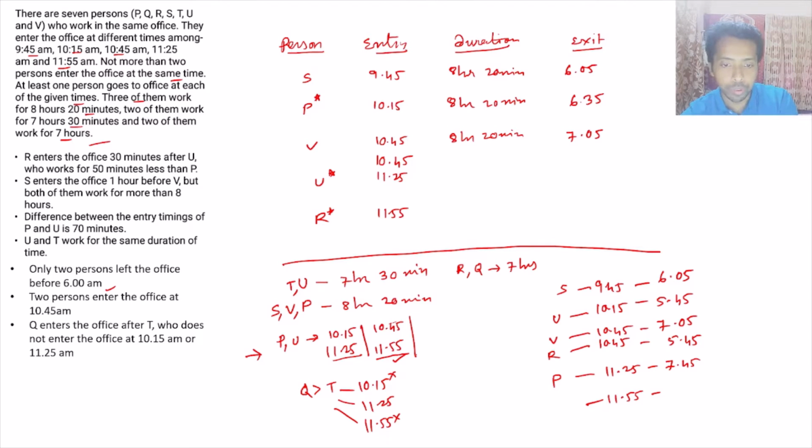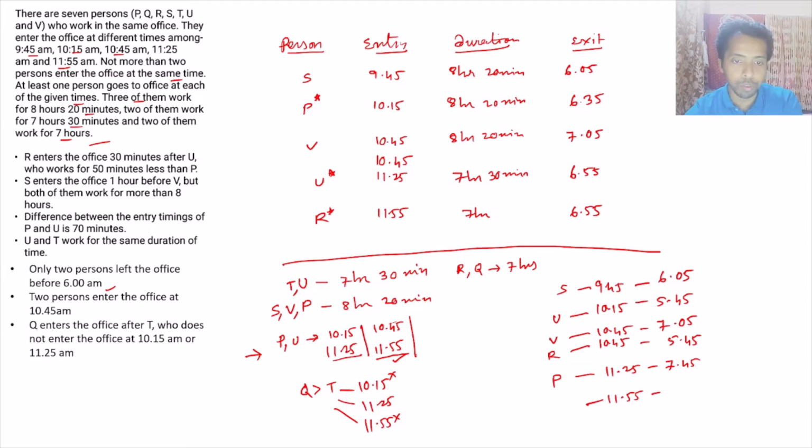U, that is 7:30, that means 6:55, and R, that is 7 hours, again 6:55, right? So 1, 2, 3, 4, 5 persons are already placed here.